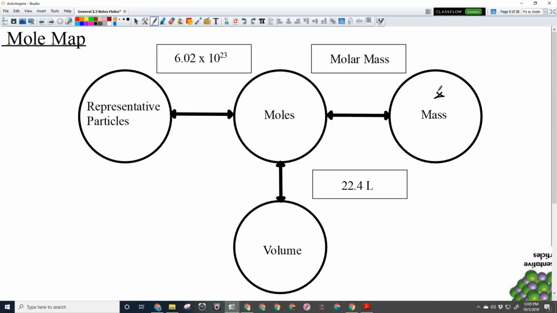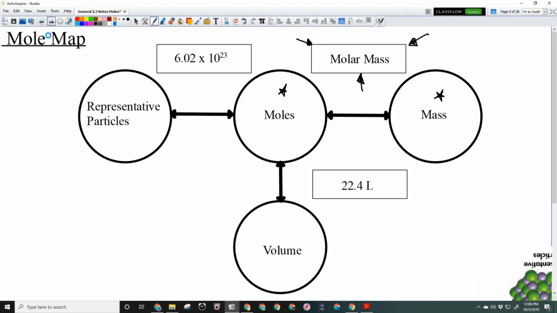We get there by using the molar mass. This is going to be our conversion factor.